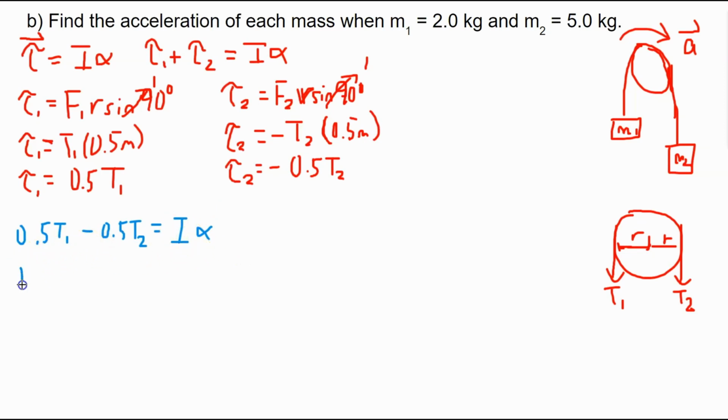So let's say F net 1 is equal to M1 times A. And we saw in our first free body diagram that the tension force was up, the gravity was down. And I'm just going to redraw that. So this is T1. This is M1G.